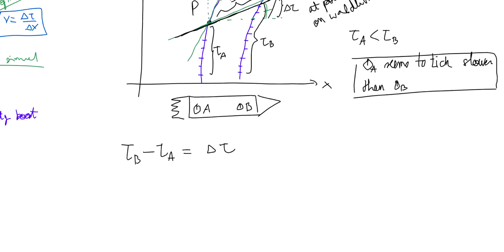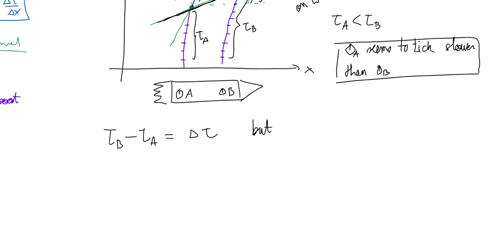But delta tau, we can relate it to the slope of this line of simultaneity because we saw that V equals delta tau over delta x, which is to say that delta tau equals V delta x.